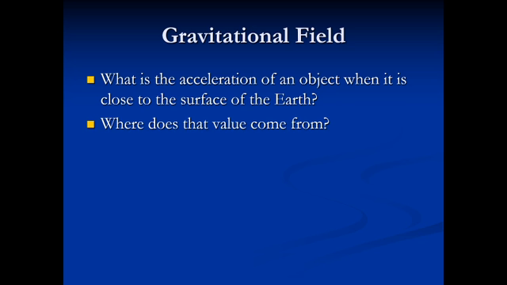The gravitational field is the acceleration of an object caused by the Earth or by some other object. The acceleration when it's close to the Earth is 9.8, and we looked at that in class: that 9.8 came from the universal gravitational constant, the mass of the Earth, and the radius of the Earth. Together that gave us the 9.8 value.